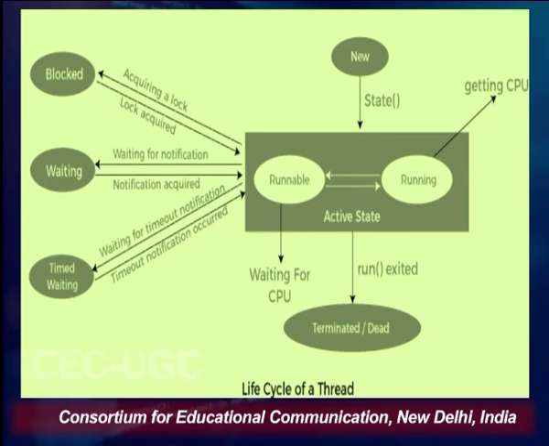In active state we have 2 situations, one is runnable, another one is running, and the arrows between the runnable and running states show switching from runnable to running and vice versa. Runnable means it is waiting for the CPU but ready in every sense, and running means it has already got the CPU, that means it is getting executed.